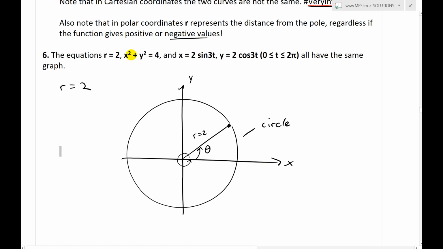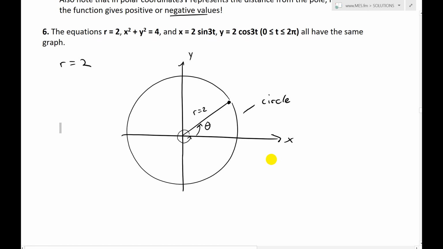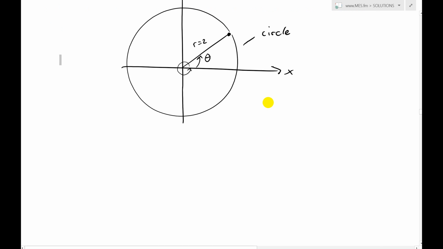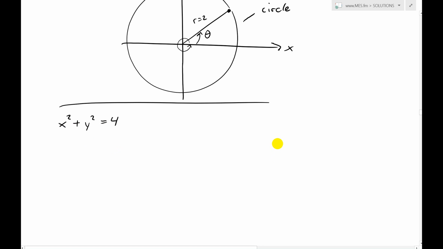And now let's look at this one right here, the Cartesian coordinates one, x squared plus y squared equals 4. Recall that this is just an equation of a circle. A circle in Cartesian coordinates is just x squared plus y squared equals r squared, radius squared.